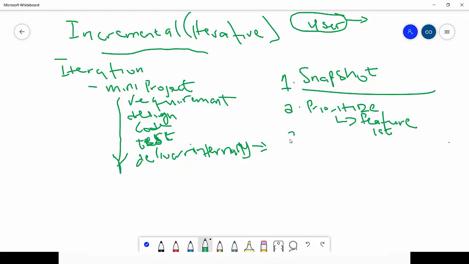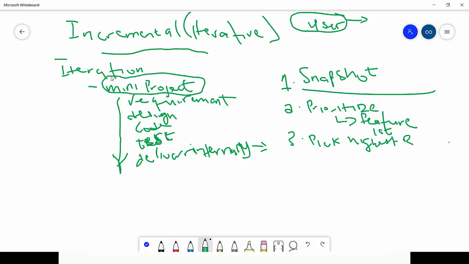Once you do this, then you pick the highest priority requirement and then plan your iterations. Remember, each iteration, as we say, is a complete project.